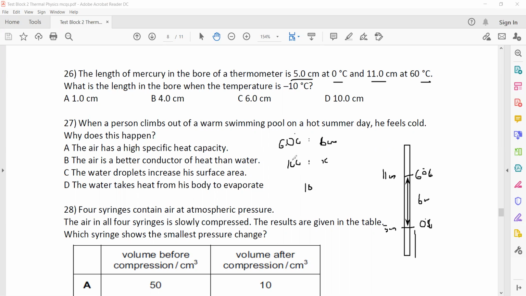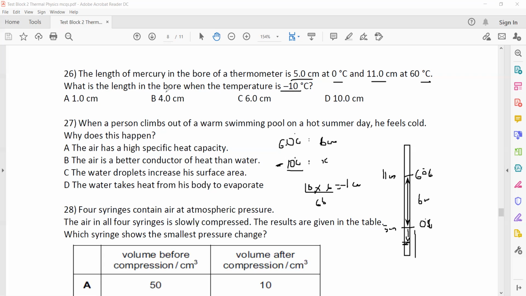If I want 10 degrees, 60 is equal to 6 centimeters, so 10 degrees is x. So x will be equal to 10 multiplied by 6 divided by 60. That is equal to 1. Basically 10 degrees is represented by 1 centimeter, and because we need minus 10, it is minus 1 centimeter. So from the 0 mark, it is minus 1 centimeter. Minus 1 centimeter means below.